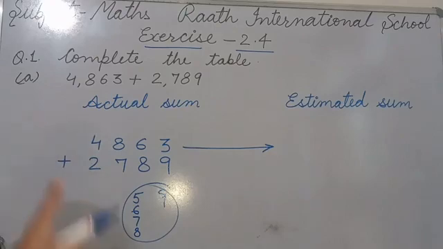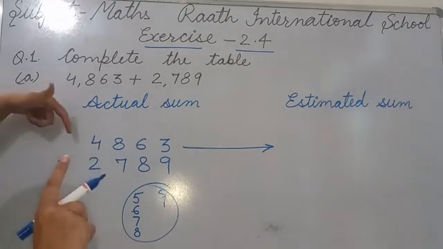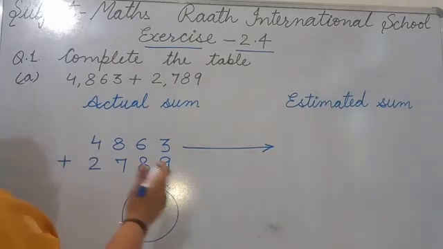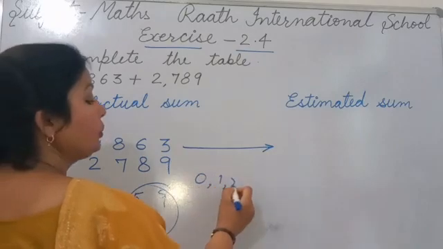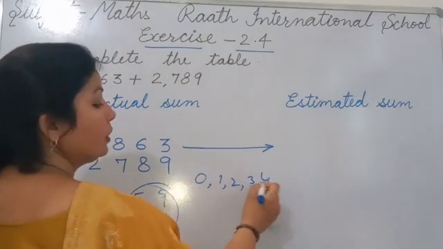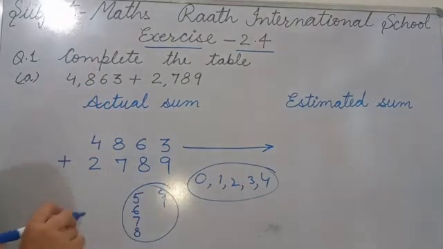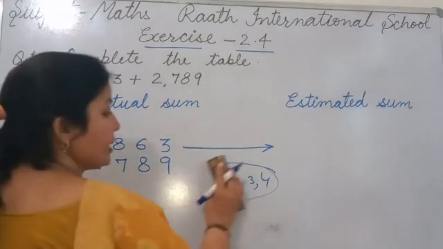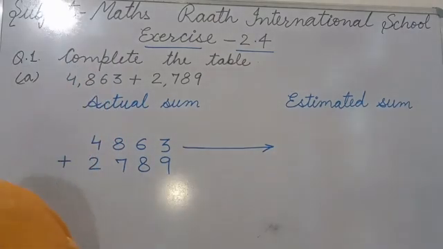And if we have 0, 1, 2, 3, 4 in the 100 column, we will not increase, that will remain the same. So firstly we will find the rounding number and then we have to add. That will be our estimated sum.